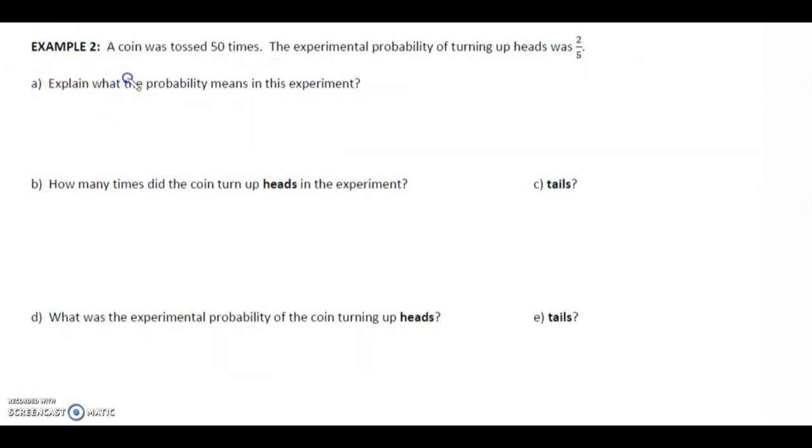Example 2, a coin was tossed 50 times. The experimental probability of turning up heads was 2 out of 5. So if you think about it, if you're tossing a coin 50 times, 2 out of 5 times was heads. So if you group together 5 rolls, it'd be like heads, heads, tails, tails, tails.